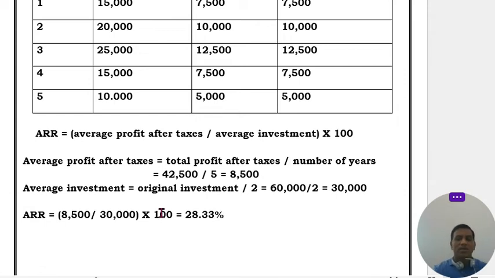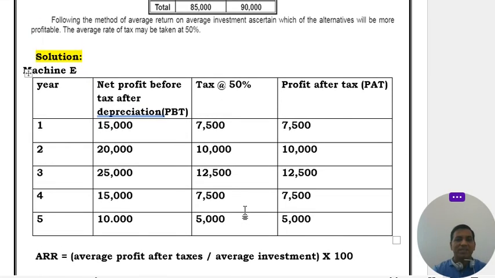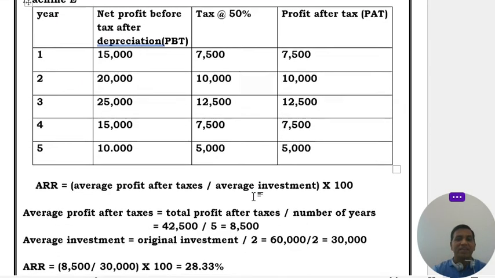The ARR, average accounting rate of return for mission E, is 28.33%.